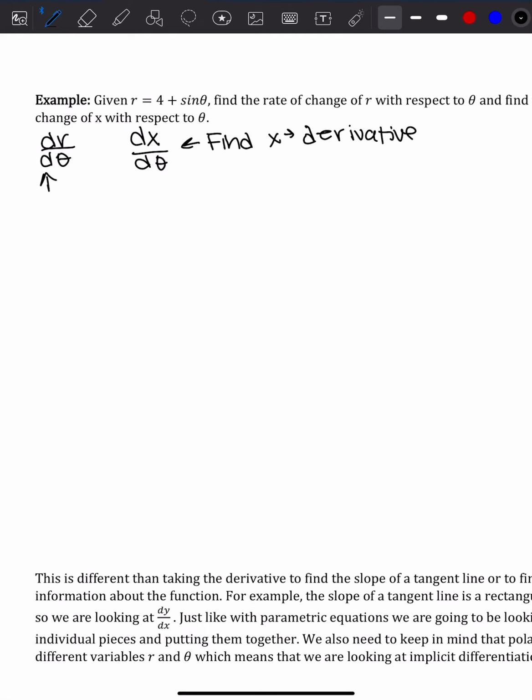So if we're looking at r, dr over d theta, we're taking the derivative of r equals 4 plus sine theta. The derivative of 4 is 0. The derivative of sine of theta is cosine theta. So dr over d theta is done.